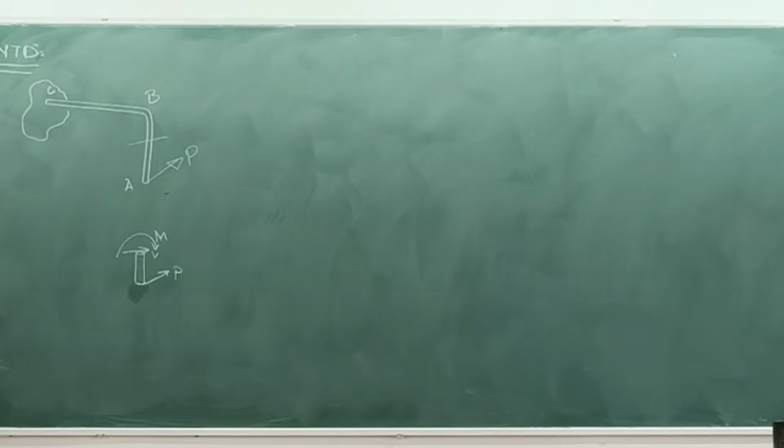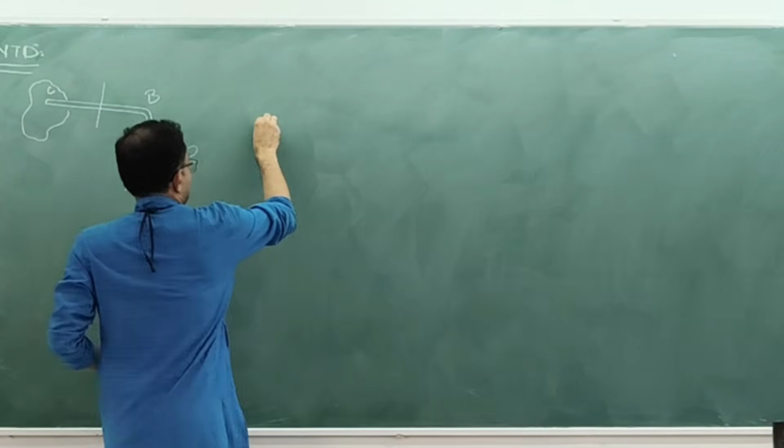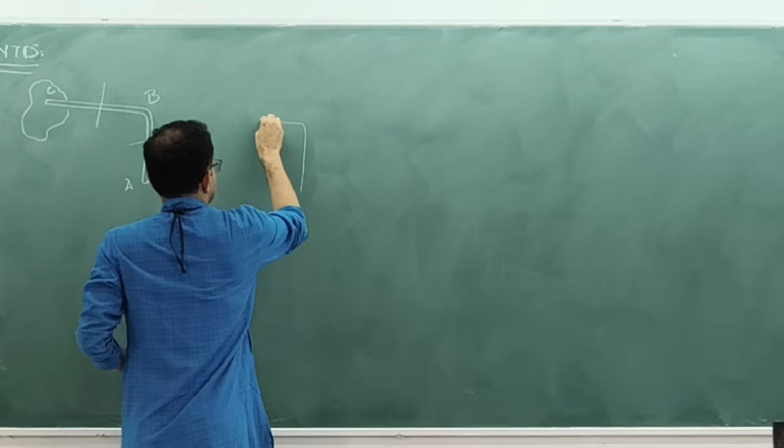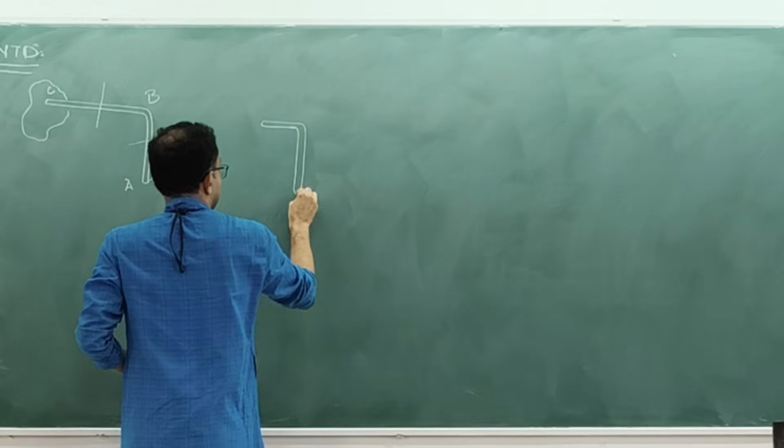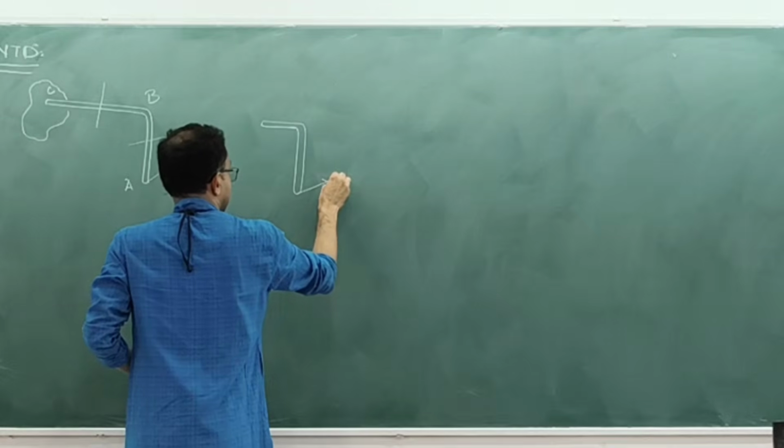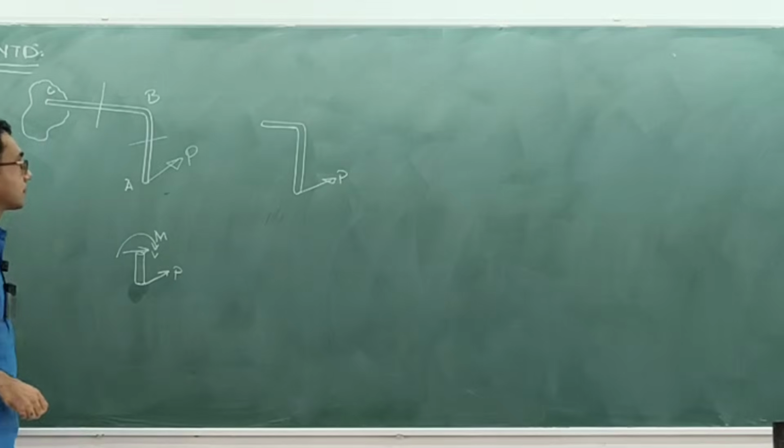Next, suppose I take a cut over here, somewhere between B and C. Then you tell me what are the different kinds of things that are going to arise. First of all, tell me the most obvious thing which is staring at your face.